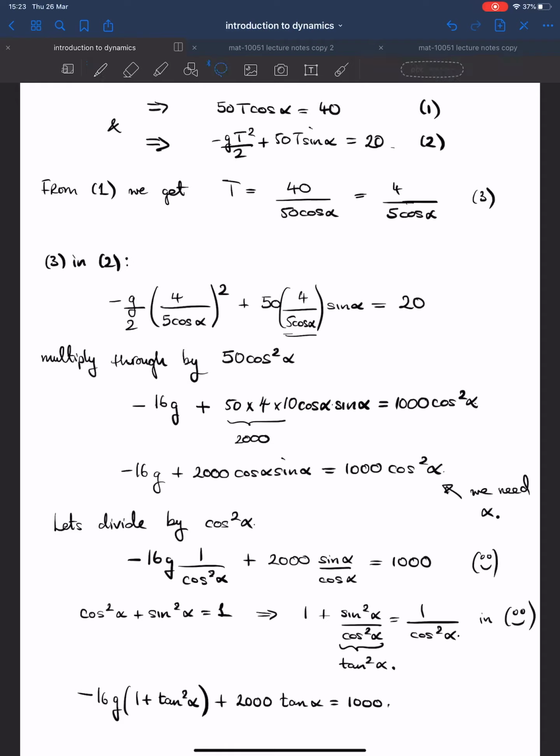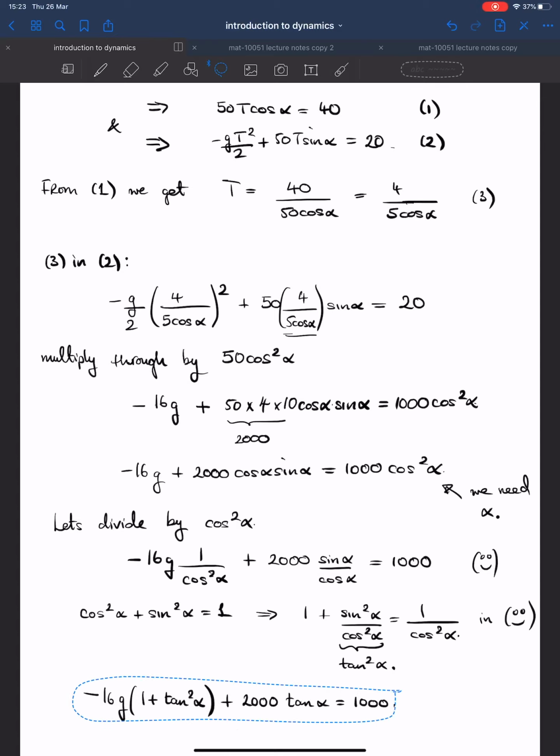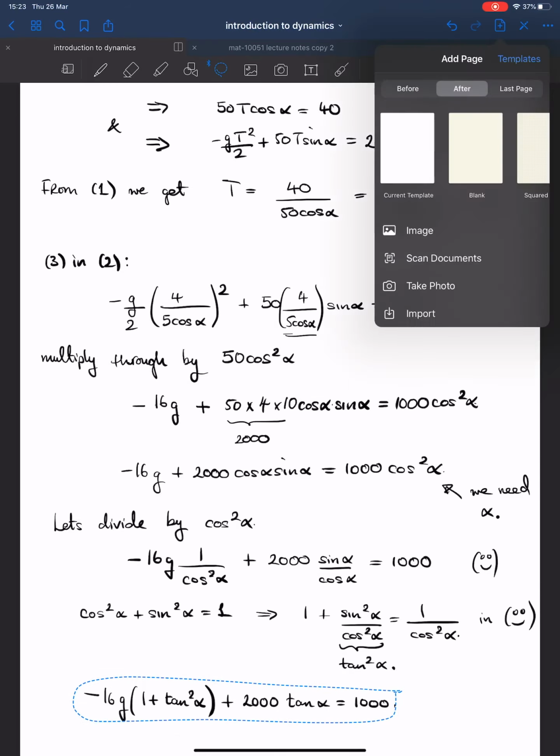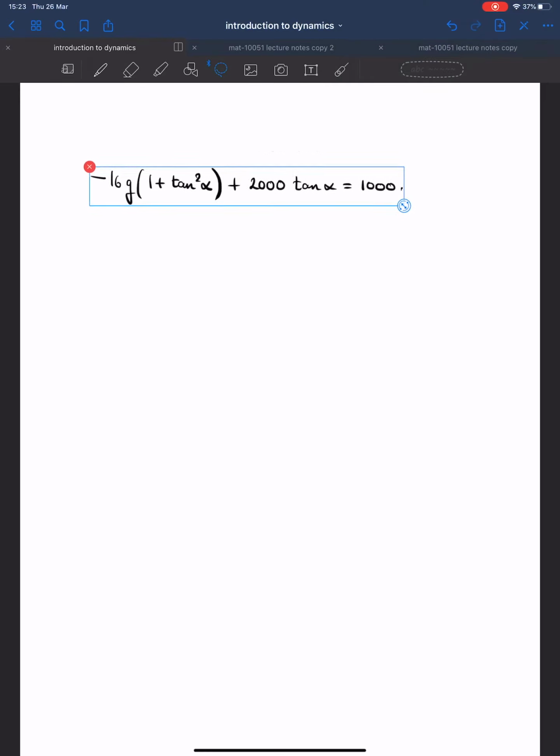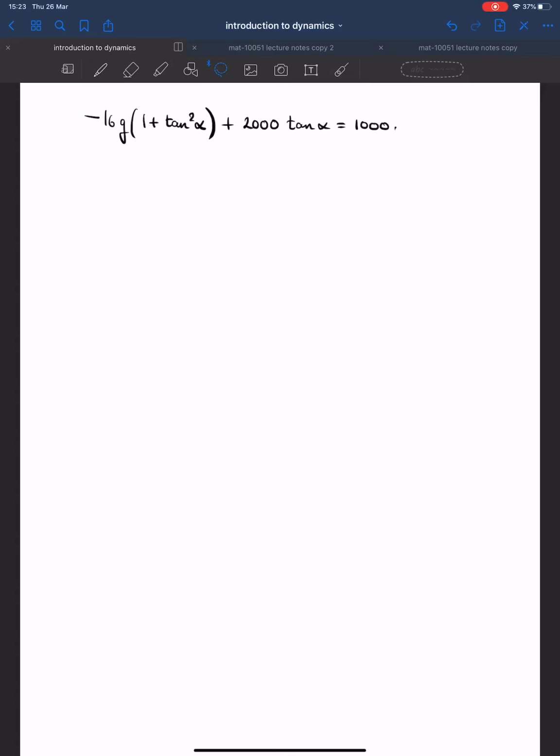So let me take this across and rearrange. Now I can get minus 16g, minus, to rearrange this, so we get this.